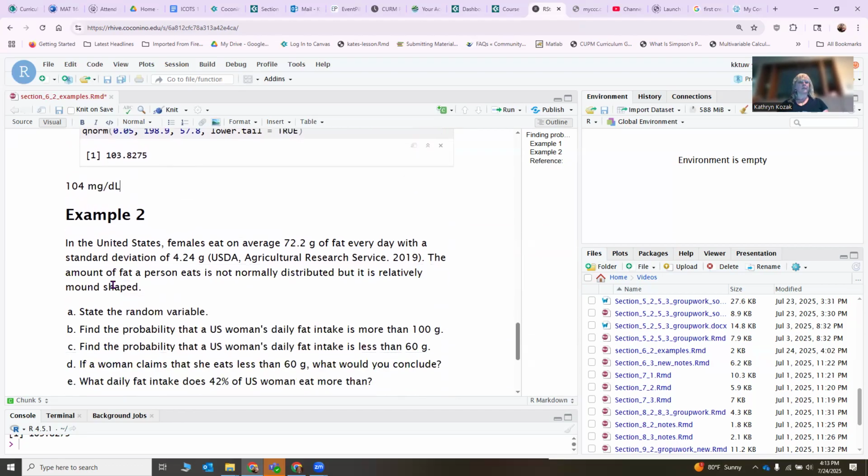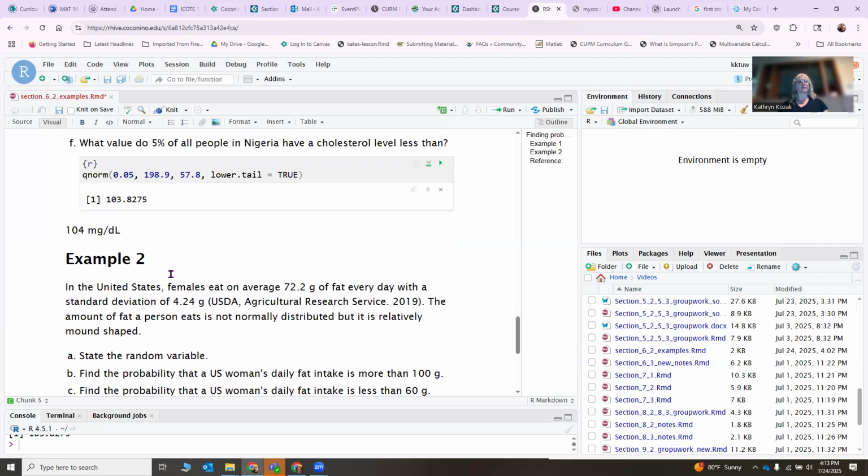Here's another example. In example 2, in the United States, females eat on average 72.2 grams of fat every day with a standard deviation of 42.24 grams. This is from the USDA. The amount of fat a person eats is not normally distributed, but is relatively mound-shaped. So we can use a normal distribution.